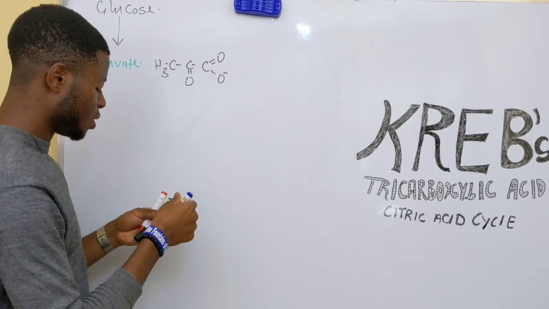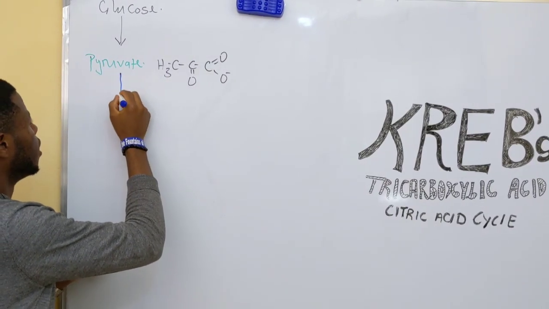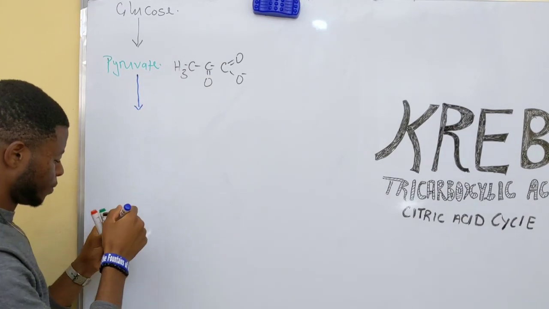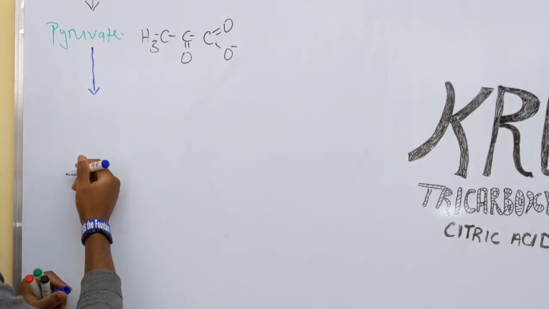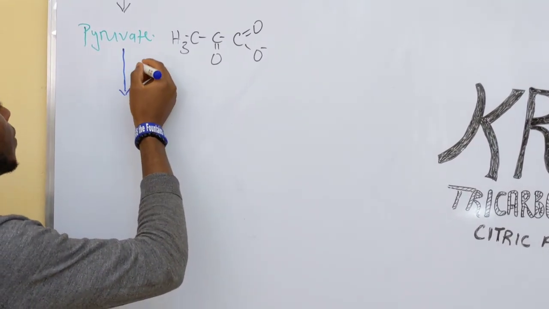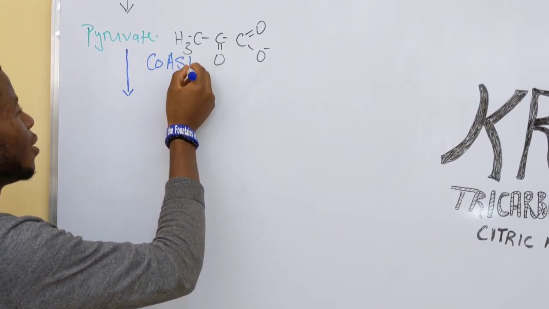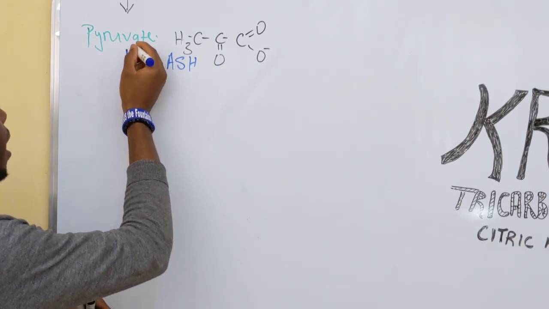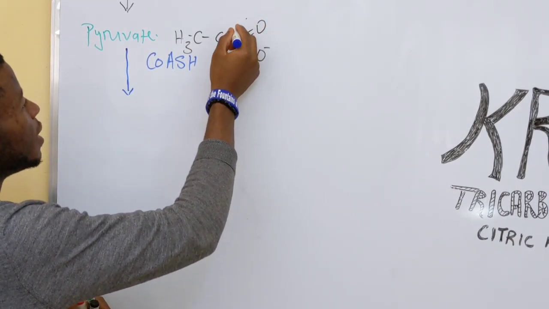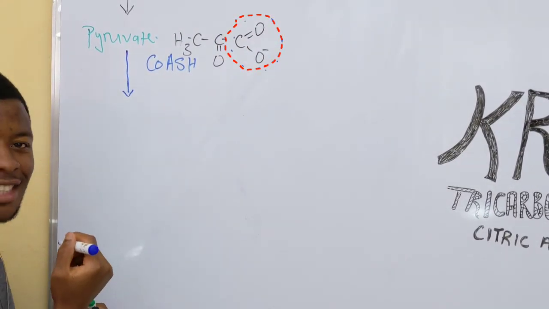That is what we are going to be forming from our pyruvate. When we are forming acetyl-CoA, we are going to be using pyruvate and we are going to add what we call coenzyme A, CoA, with a sulfhydryl group. And from this compound, we are going to remove carbon dioxide. There will be decarboxylation in this case.